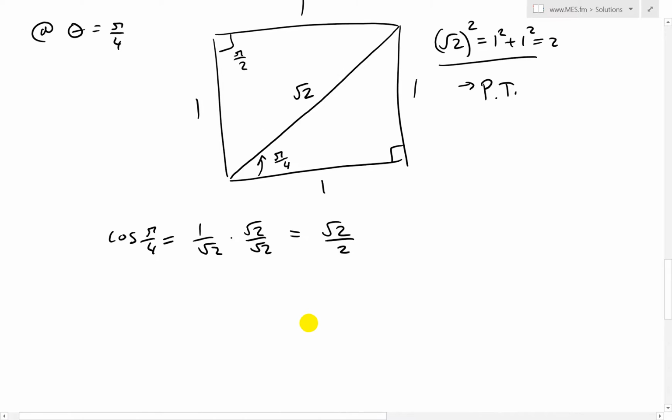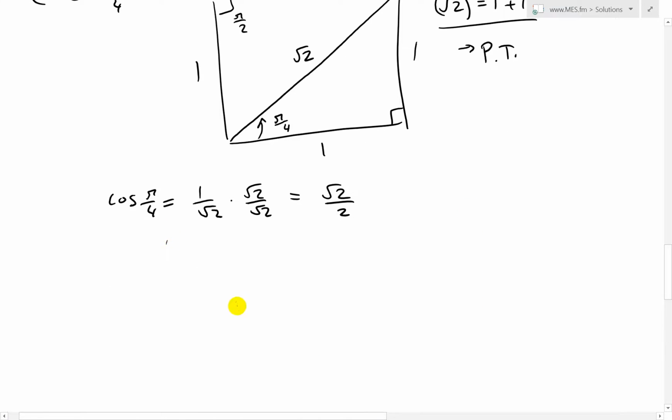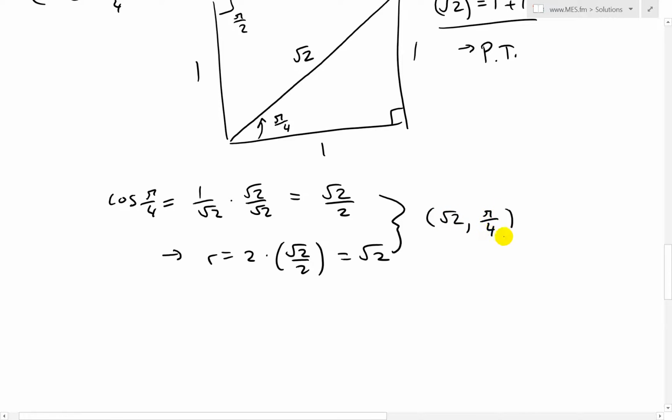Now when we add in our value r, that equals 2 times square root 2 over 2, which is just cosine pi over 4. The 2's cancel, and this is equal to square root 2. So in other words, combining these, we have the point r equals square root 2, and the angle is pi over 4.